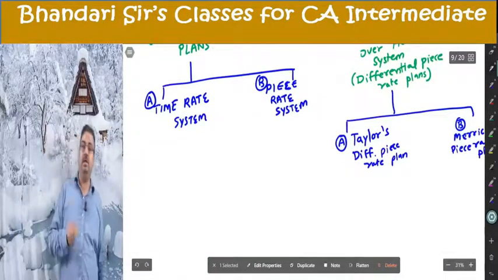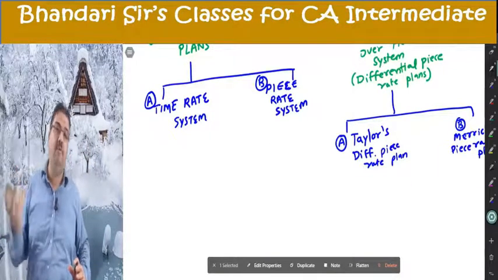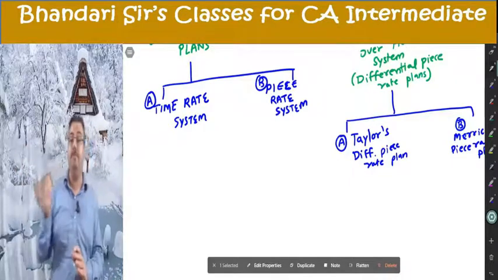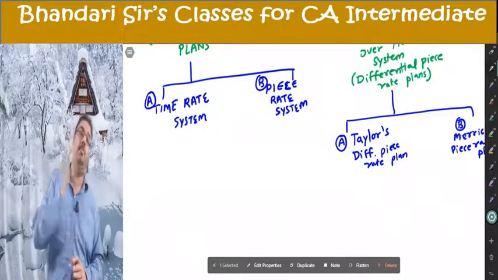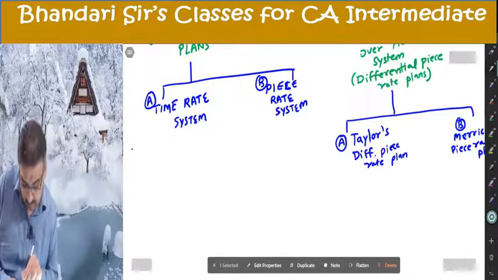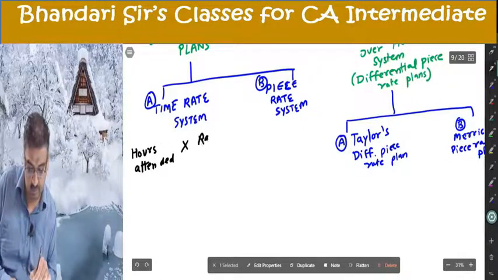Now time rate system, piece rate system, they are from the very basics of remuneration. Workers will be paid either time based or performance based. Time rate system, hours attended multiplied by rate per hour.